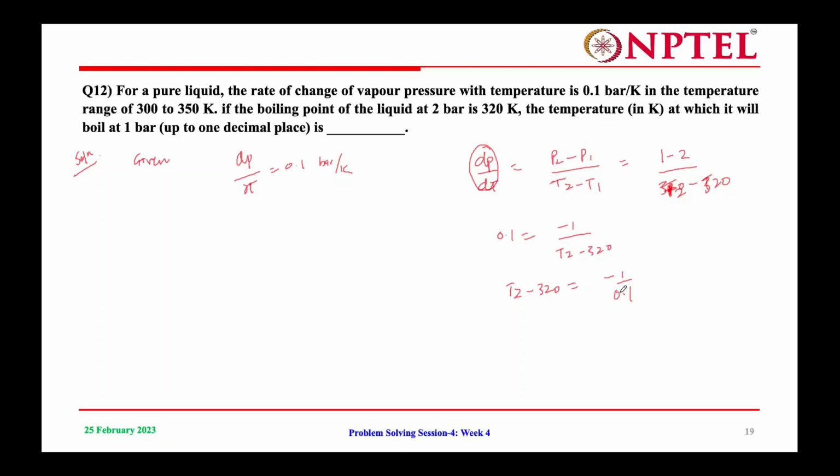Solving, we get 310, right. So 310 Kelvin is the temperature required to boil at 1 bar.